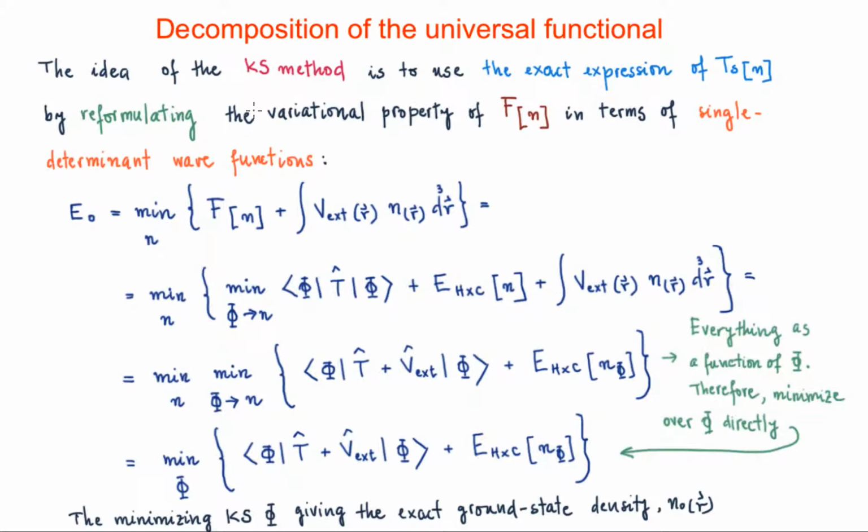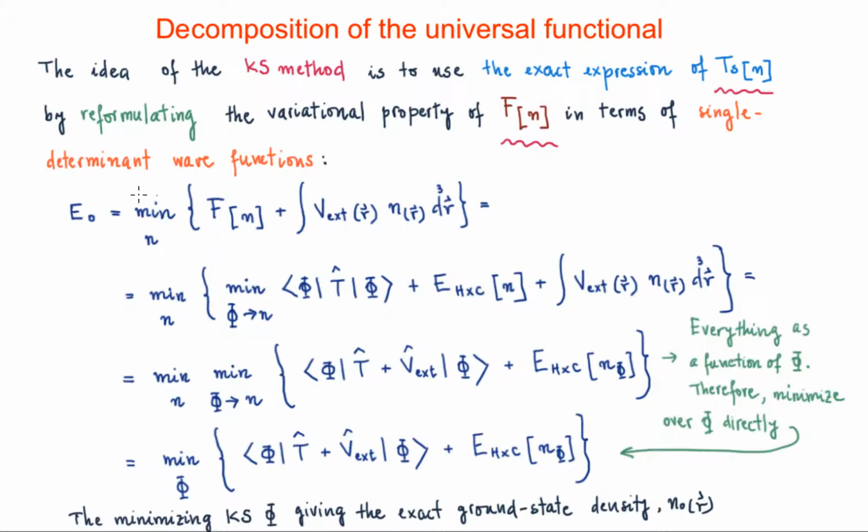The idea is to use the exact expression of the non-interacting kinetic energy functional we defined before by reformulating the variational property of that universal functional, but now doing the variational procedure not in terms of the electronic density, but in terms of these single determinant wave functions that we considered in order to define that kinetic energy functional. How is this done?